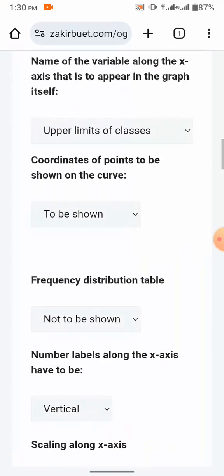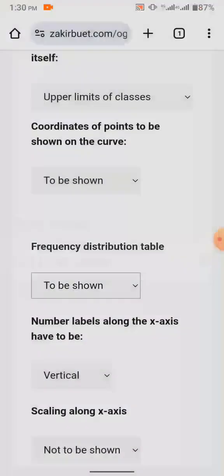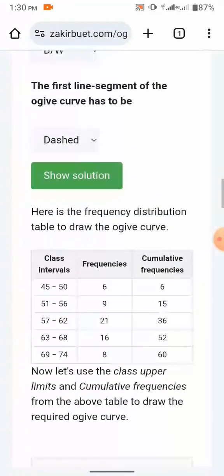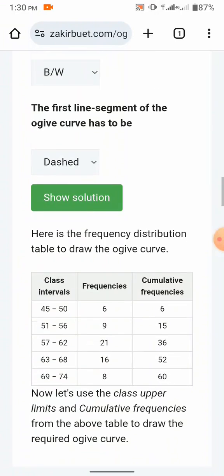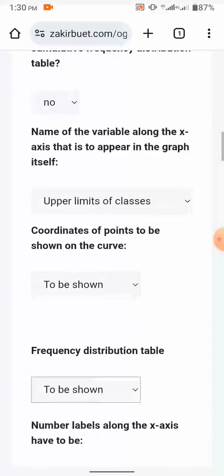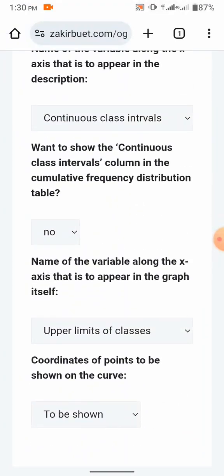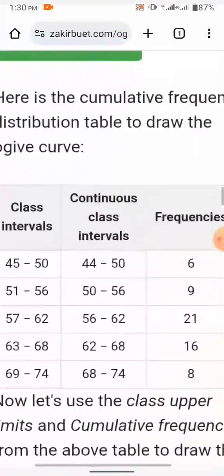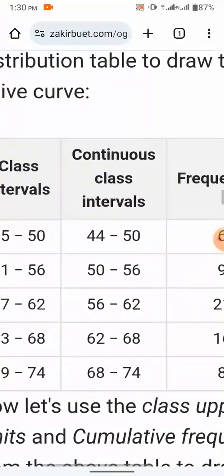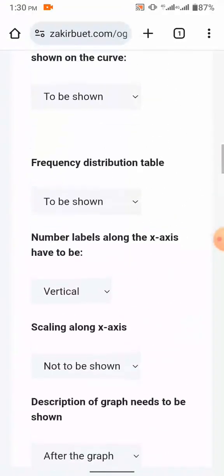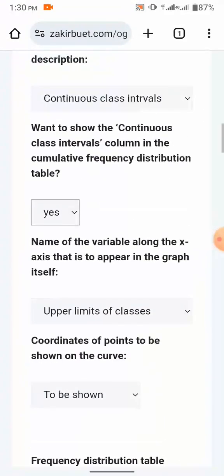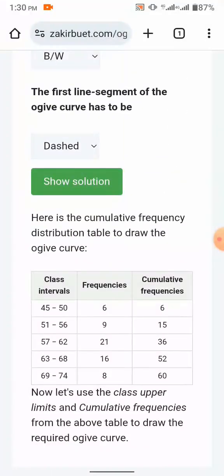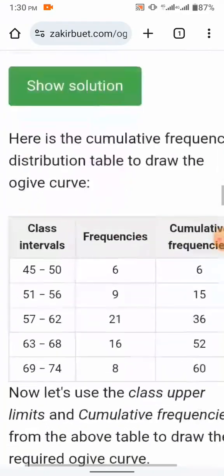First of all, I have the cumulative frequency distribution table. Now this one appears, and currently no is chosen. If you select yes, then the second column is continuous class intervals, but if you choose no, then that particular column vanishes and the second column is frequencies.